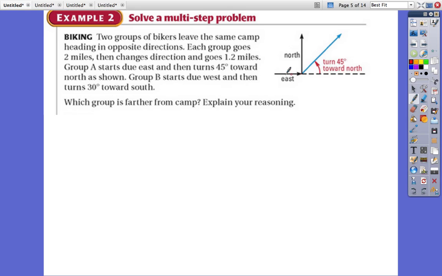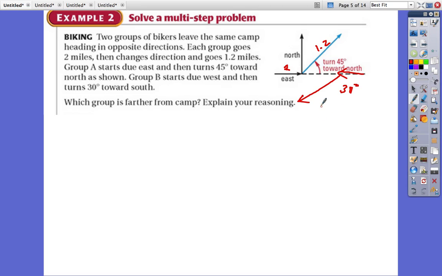So group A went east 2 miles and then it turned and went 1.2 miles. Group B starts due west and then turns 30 degrees south. So the other group's going west and then goes south 30 degrees.